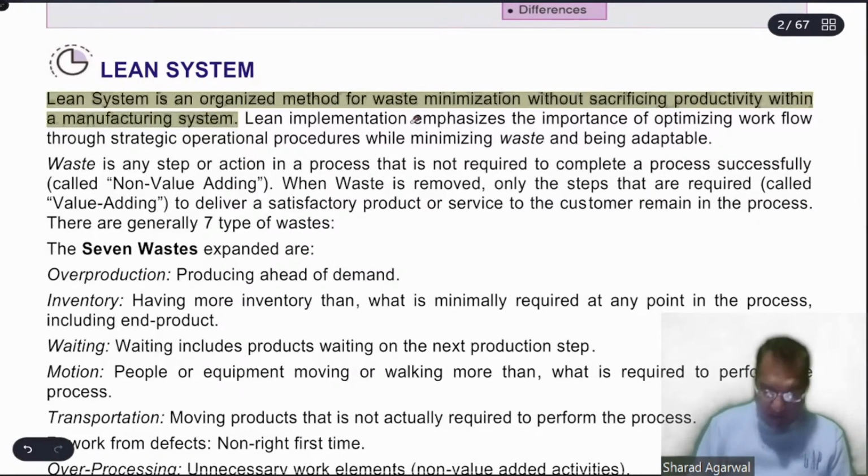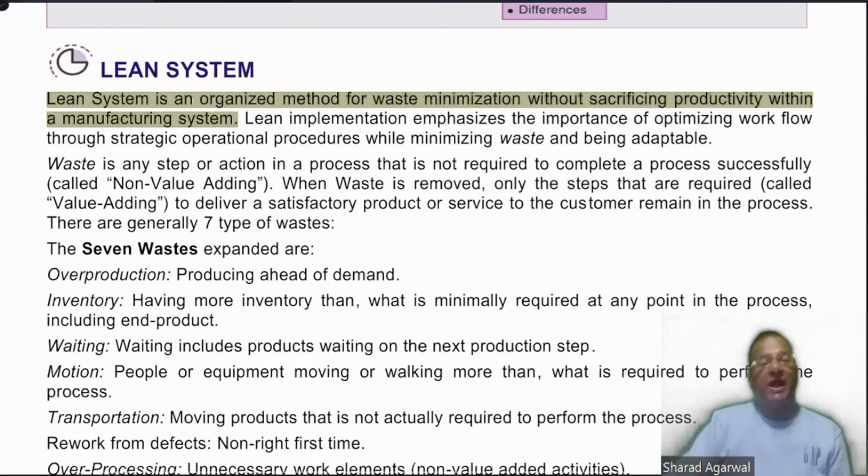Now, organized method for what? Increasing the quality of the product? No. For waste minimization. We will discuss in detail what we mean by waste further on. But now let's focus on the word minimization. There can be two words associated with waste: waste elimination and waste minimization. The author has focused not on waste elimination, but on waste minimization.